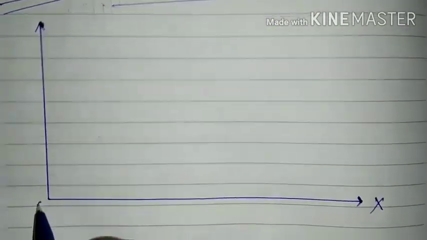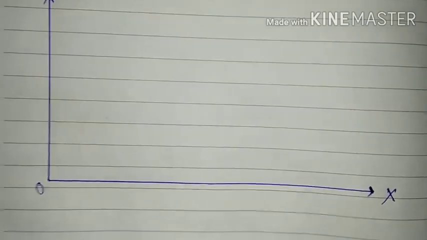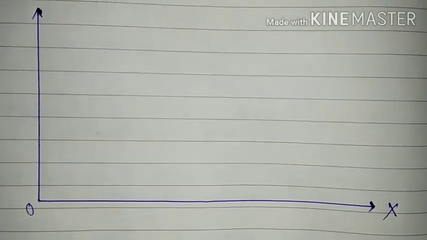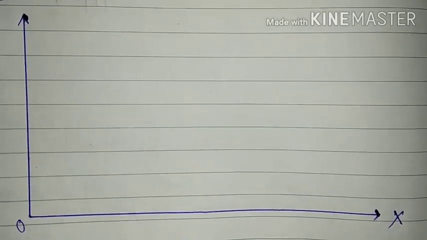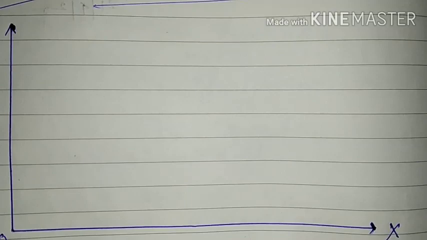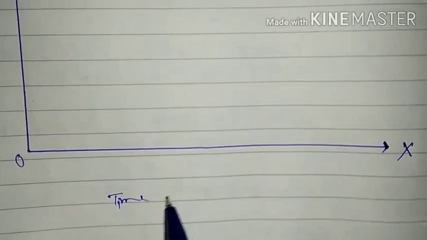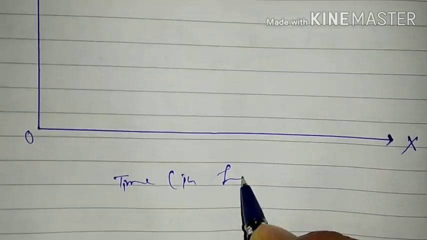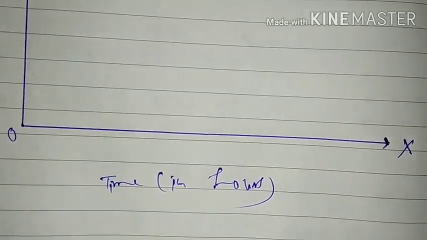Suppose this is origin. Now here time is given in minutes. So we shall take time, but different times are given according to our watch. So take time along x-axis, time t in hours: 8, 8:05, 8:10.